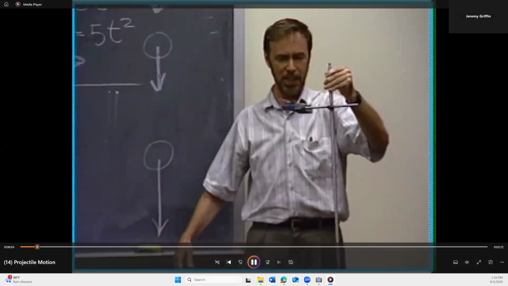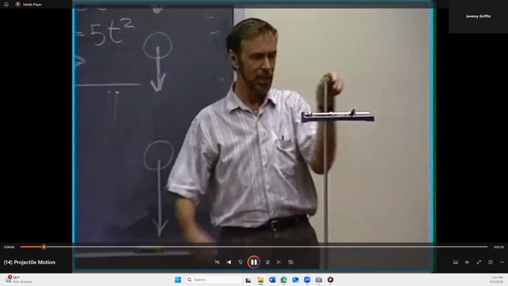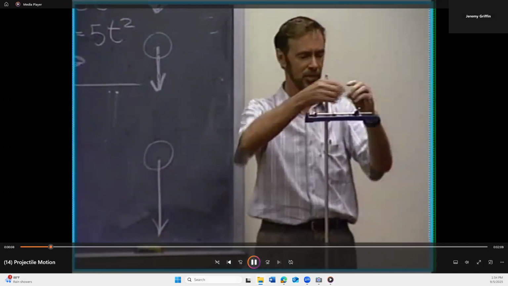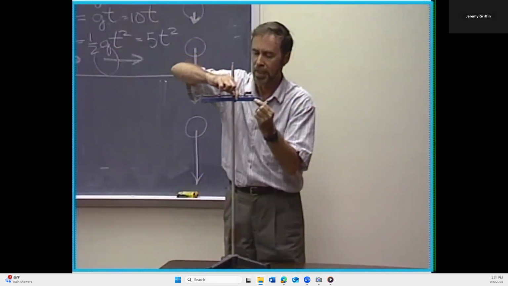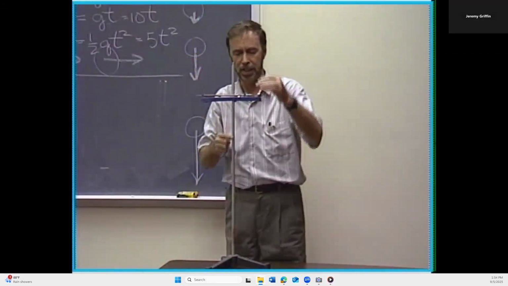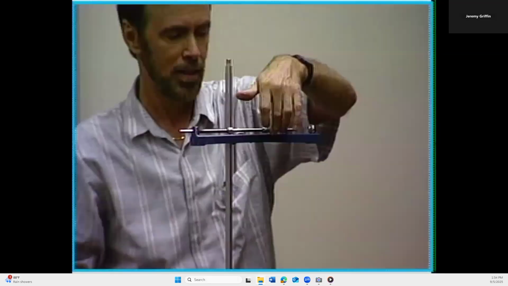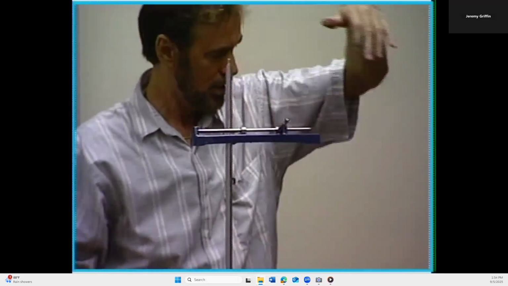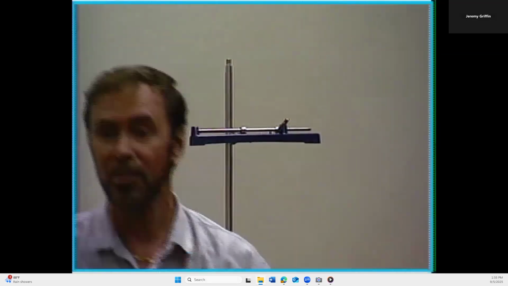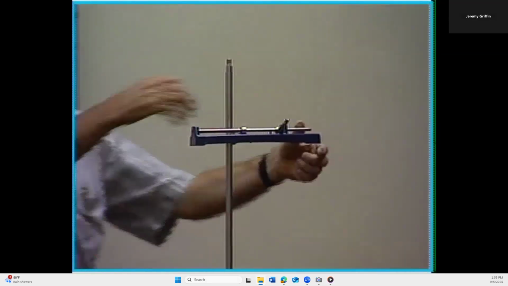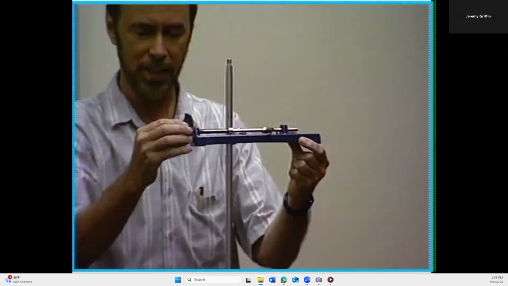There's a little device here that will shoot a projectile. A little spring here. I'm going to compress the spring. And when I do that, I can put a projectile here and watch this little spring gun. Out it goes. No surprise. But I've got another ball that I can put on the end here like this.